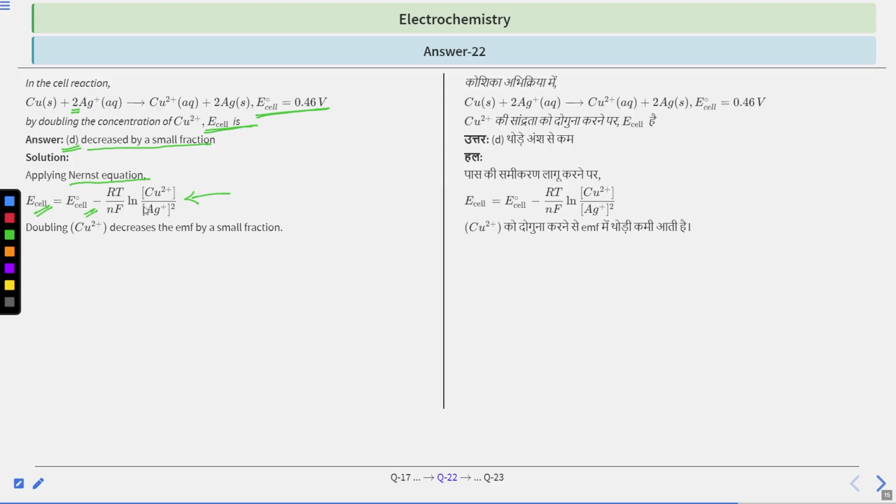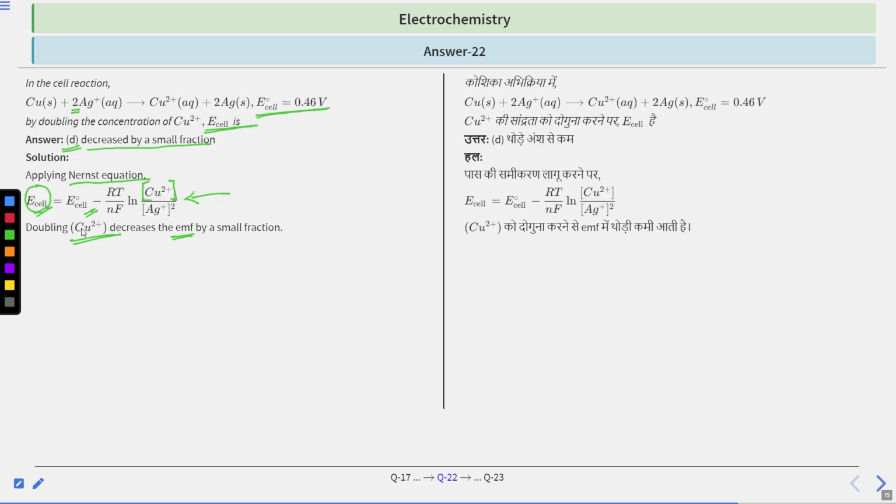So you can see clearly that if we double the Cu2 positive concentration, that means this will increase, right? We just introduced 2 here. So the doubling of Cu2 positive decreases the EMF by a small fraction. How is this going to affect it? If you put 2 here, the concentration will be doubled, right? The numerator is increasing in the ln, so the ln value will be increased.